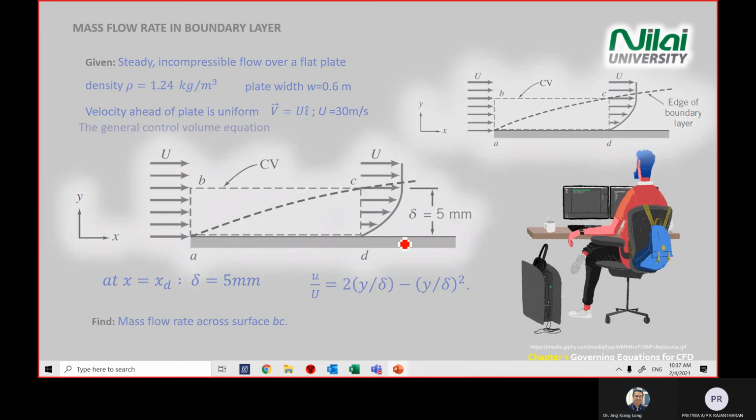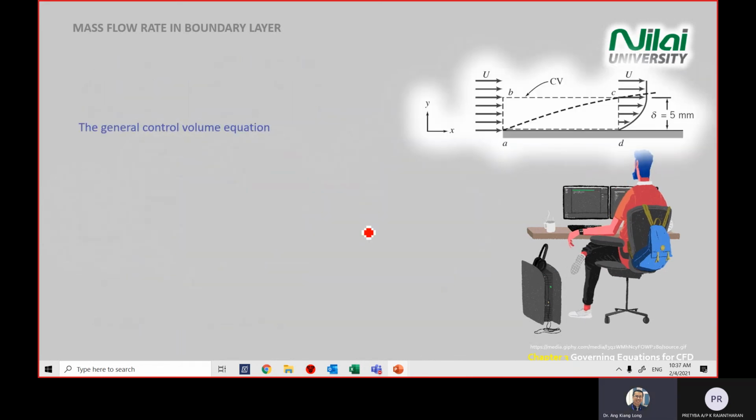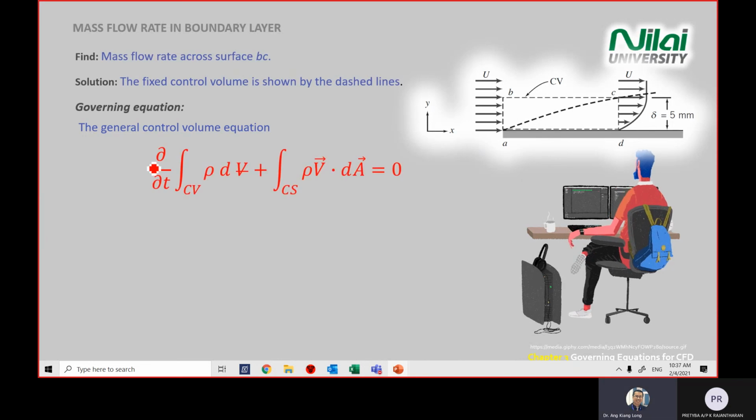Okay. So the next is just to look at the equation that we're going to use. We're going to use the continuity equation, that is derived from the equation of mass, right? Conservation of mass.